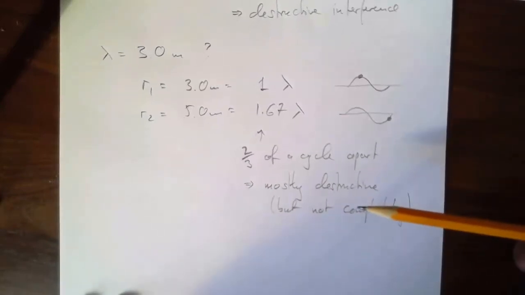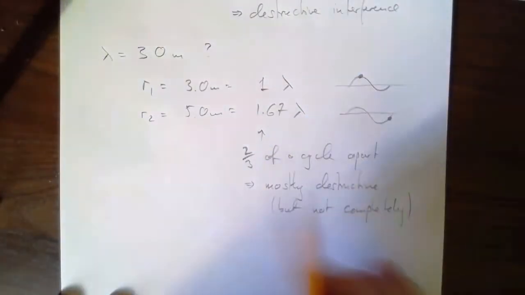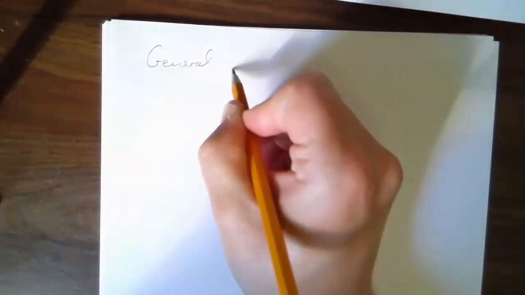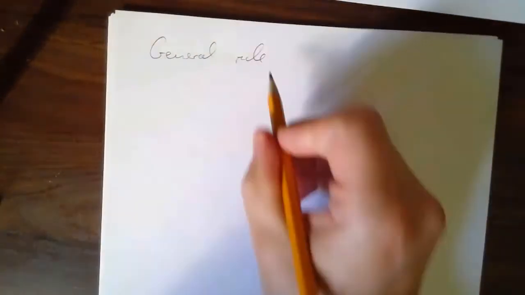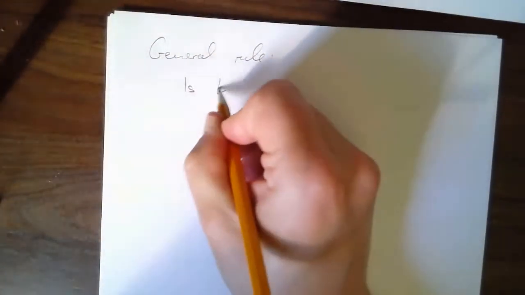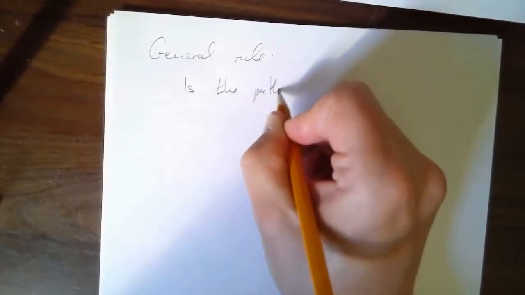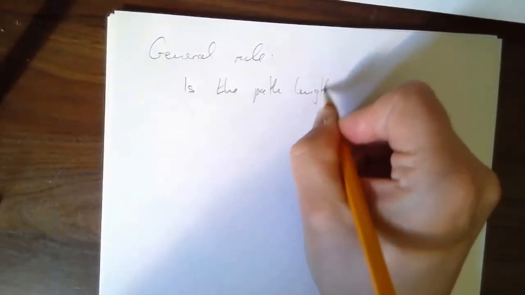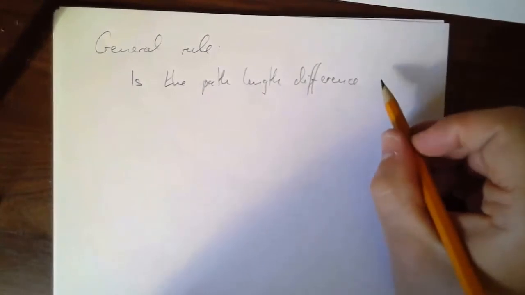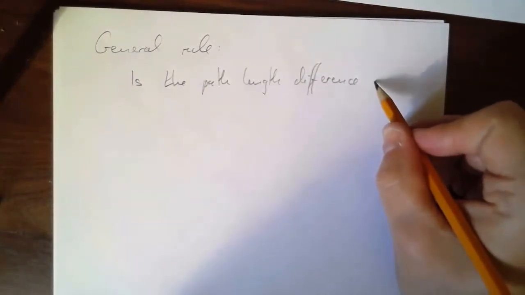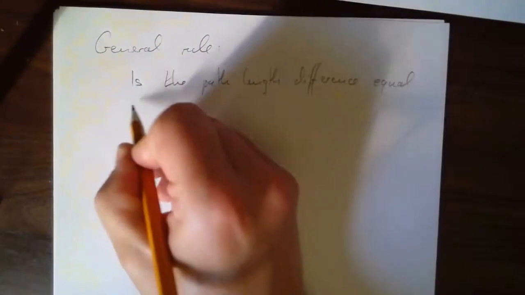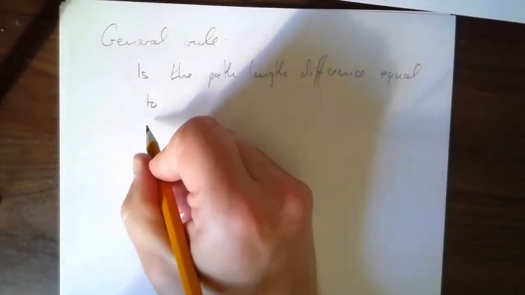Now, let's write down a general rule. So we're asking, is the path length difference equal to, now what are our options?